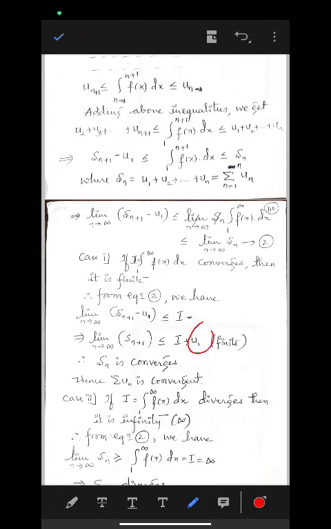Because it is nowhere concerned with the limit, since there is no n term in u1. Only the limit will be applied to this term S(n+1). So if you add u1 to this equation, we'll get this one.